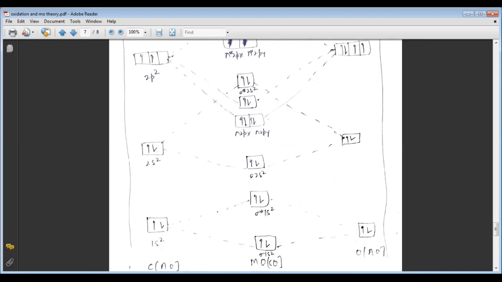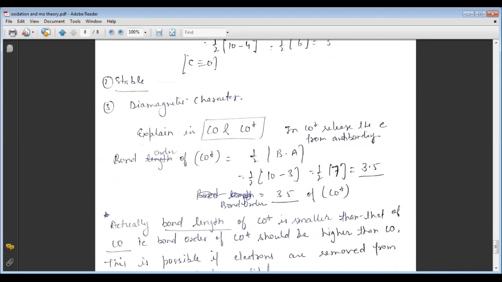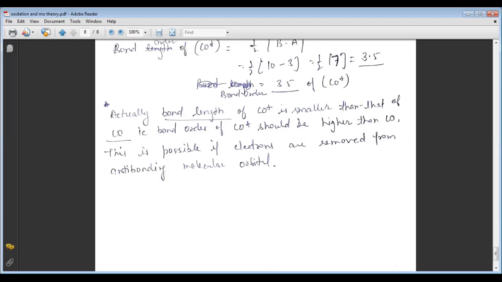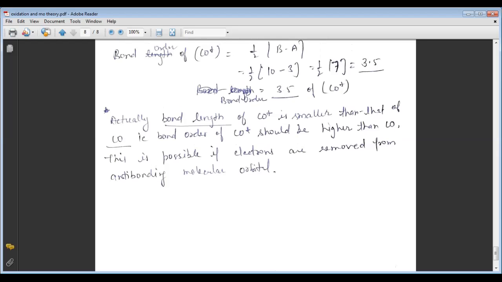Now suppose we calculate the bond length of CO plus, which is 3.5. Actually, the bond length of CO plus is smaller than that of CO, so the bond order of CO plus should be higher than CO. Clear?